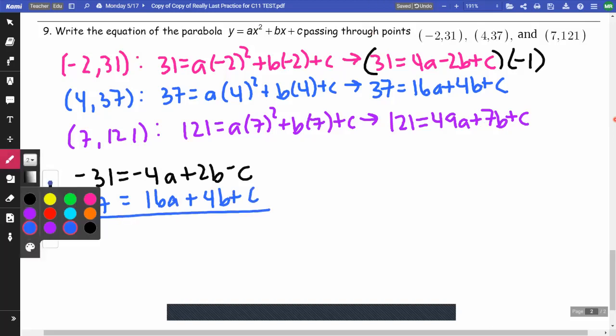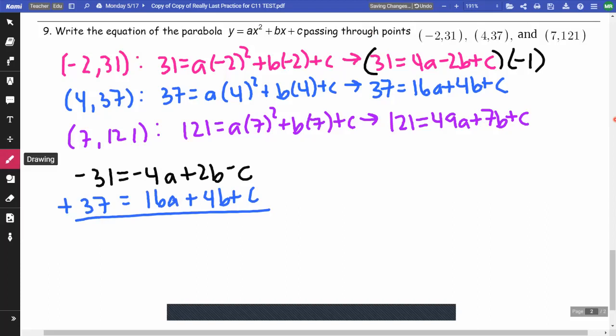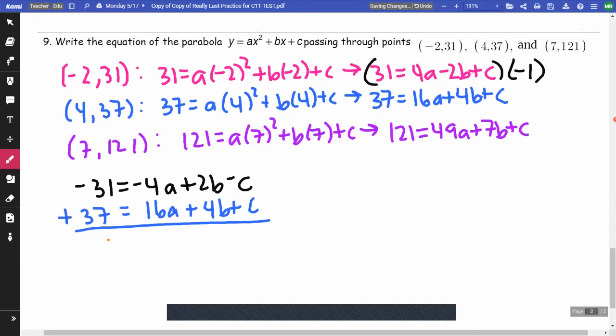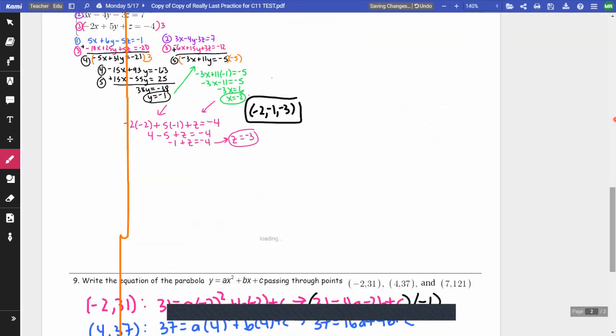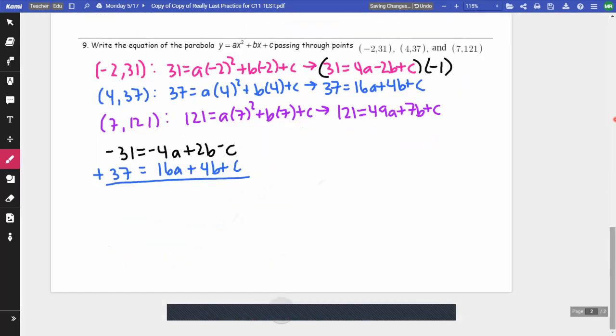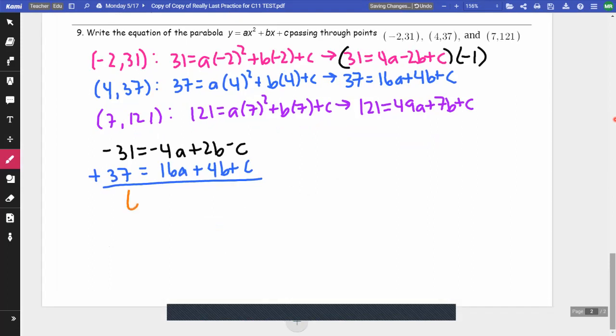I am going to end up getting 6 is equal to 12a plus 6b. Everything's divisible by 6, so that's going to be 1 equals 2a plus b.